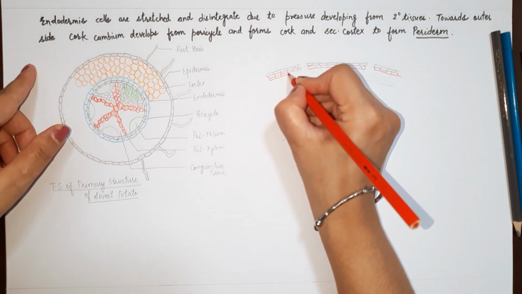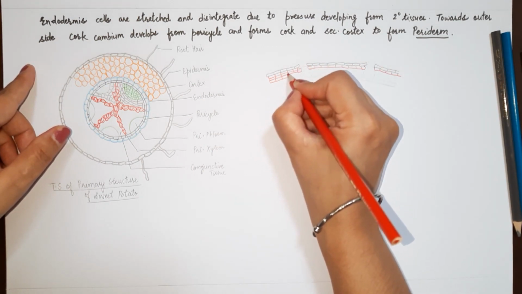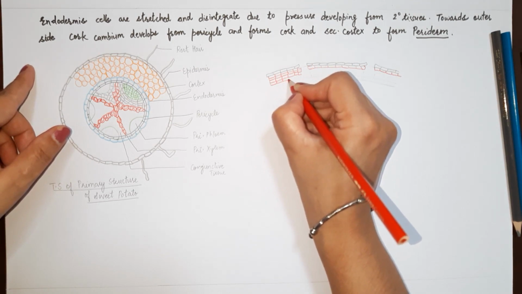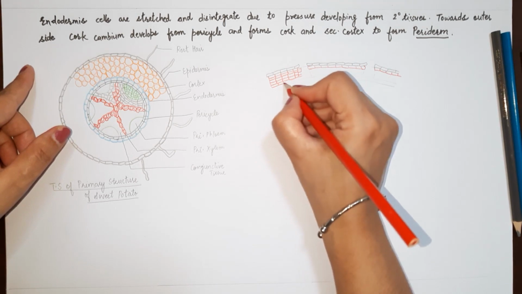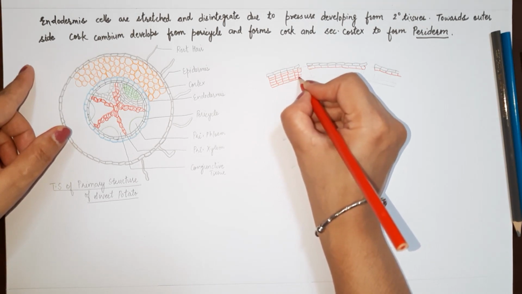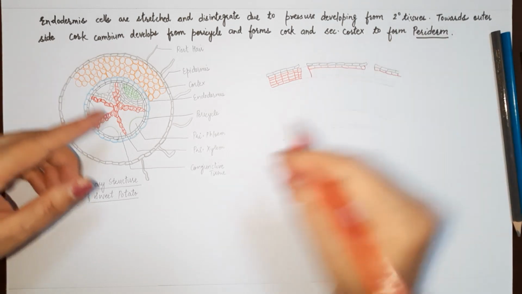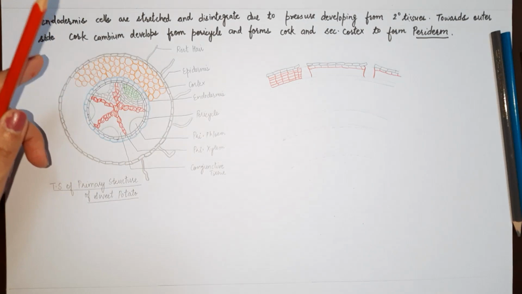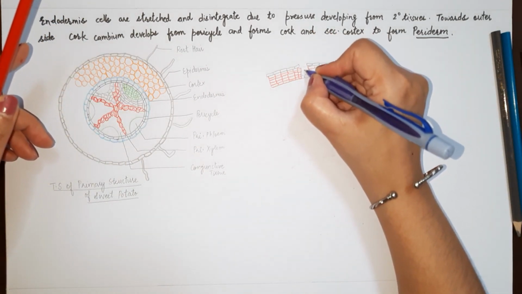Perfectly aligned cells, this part you already know. So I will complete a small portion only. So this is cork. Similarly on the other sides also you can draw, and in this region we have lenticels.